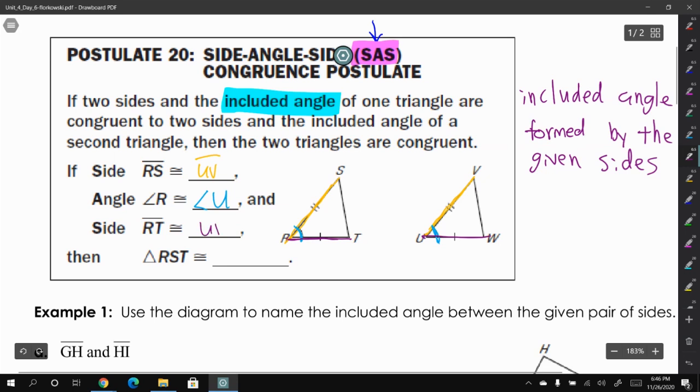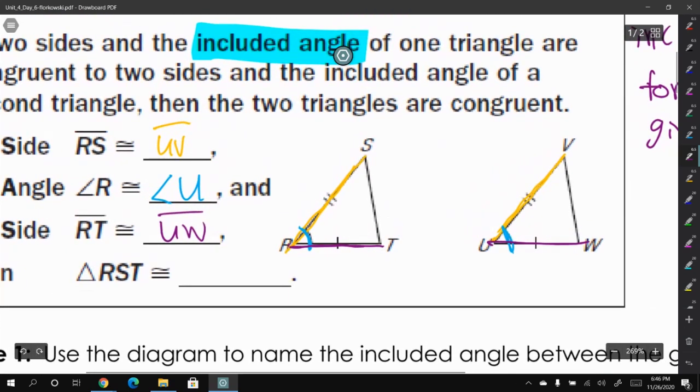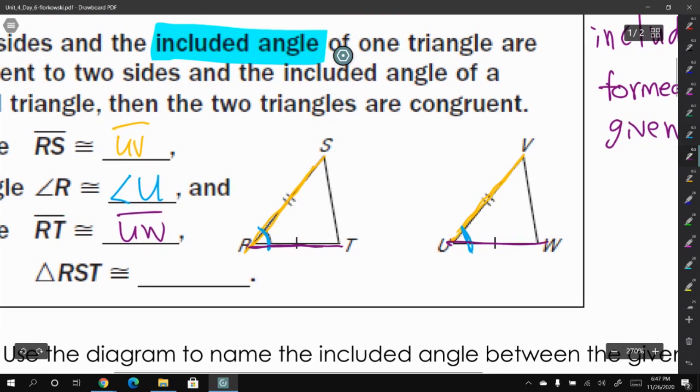So the reason that it is called side angle side is because the angle that is congruent is the included angle in both triangles. Angle R and angle U are the included angle.